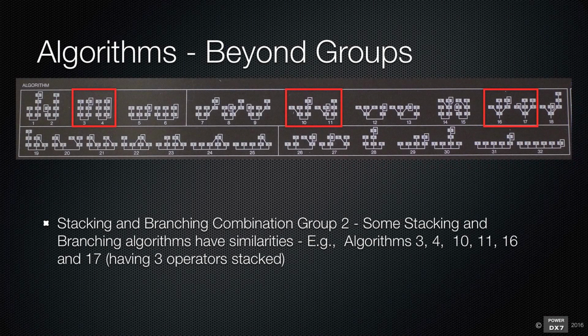The second one is stacking and branching combination group 2. They are algorithms 3, 4, 10, 11, 16, and 17, and they all have 3 operators stacked on top of each other.